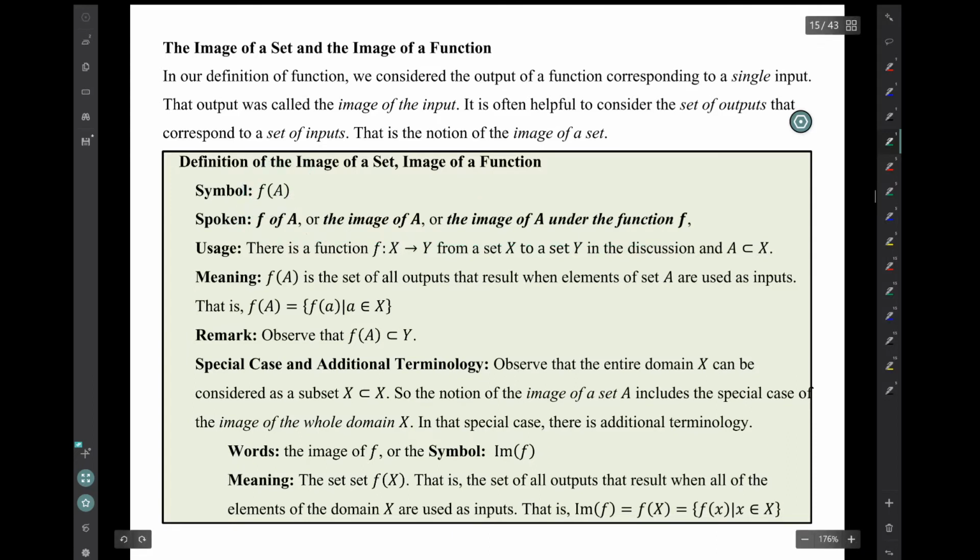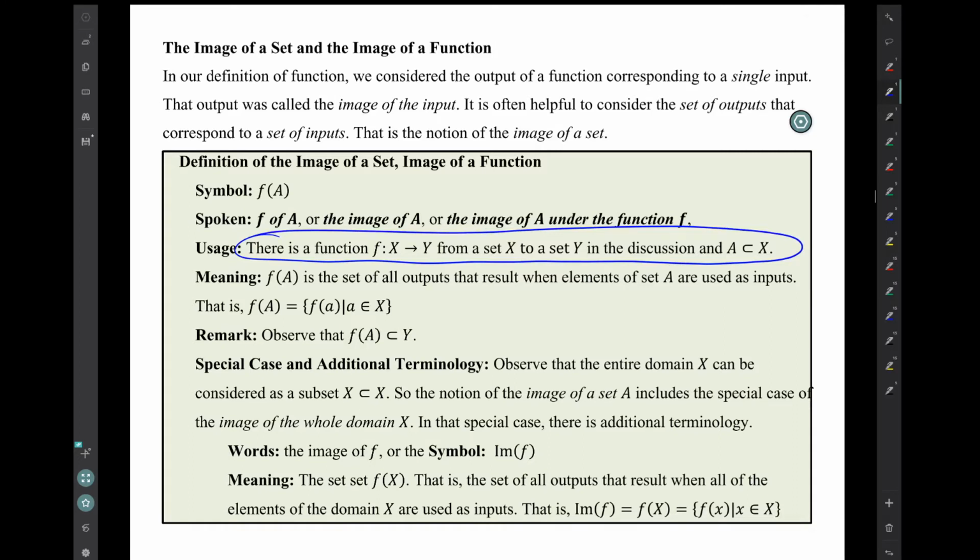We can use that symbol whenever we have a function, little f, from a set capital X to a set capital Y, and whenever we have a set A that's a subset of the domain, capital X. And what this symbol means in this situation is the set of all outputs that result when elements of set A are used as inputs.